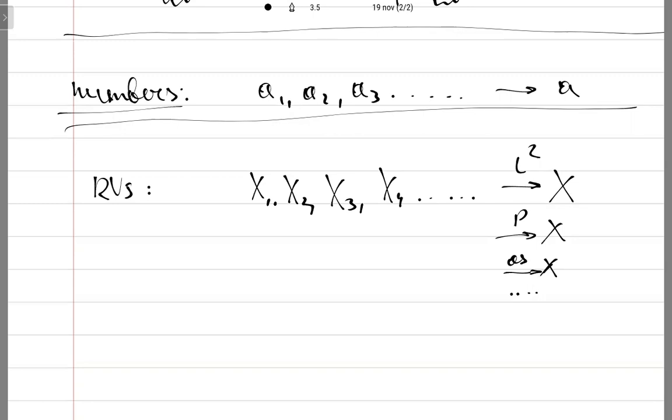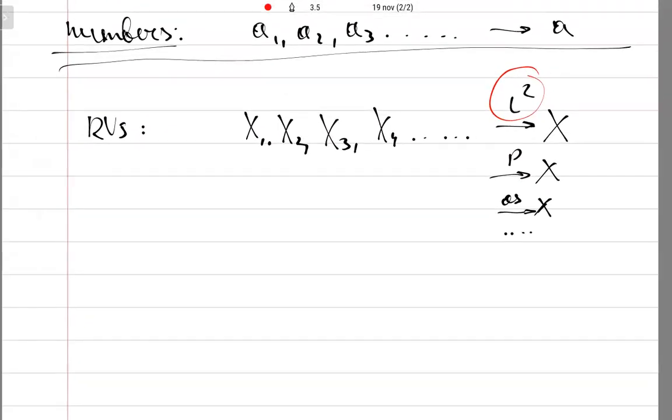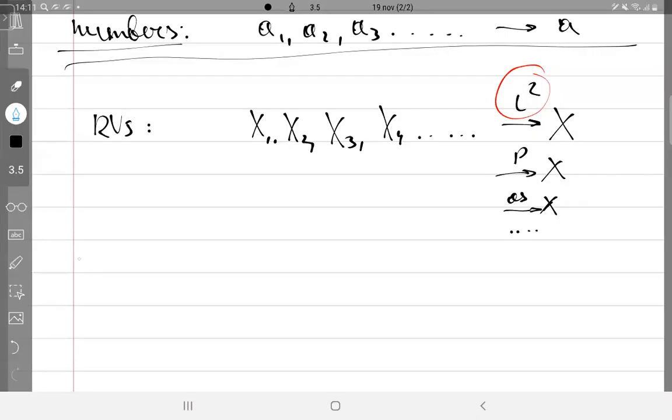For the stochastic integral, I will need convergence in L2. What does it mean? Definition.